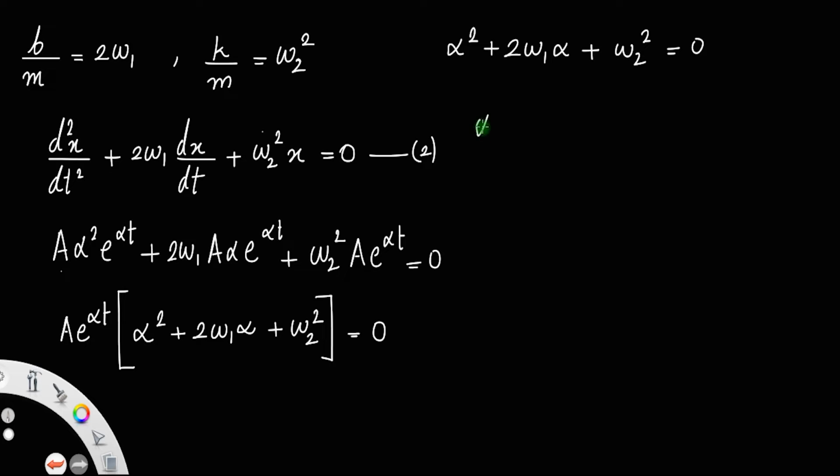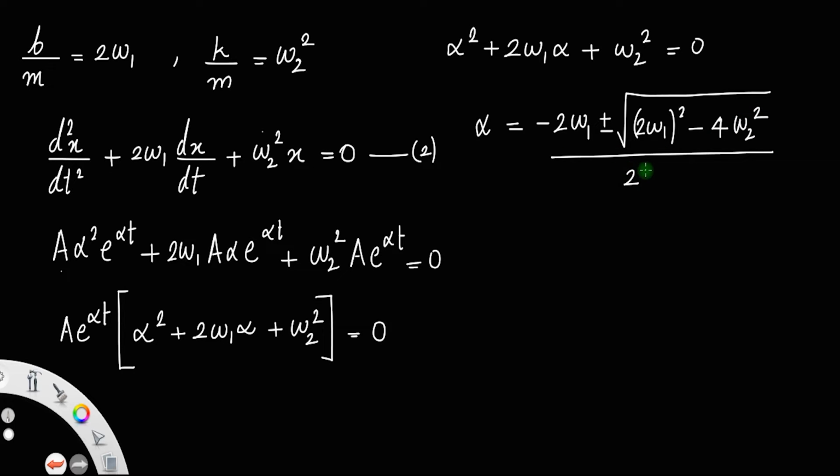So the solution of this one, alpha equal to, this is b, that is minus 2 omega 1 plus or minus root of b square, that is 2 omega 1 square minus 4 into a is 1 into omega 2 square, by 2 into a is 1.